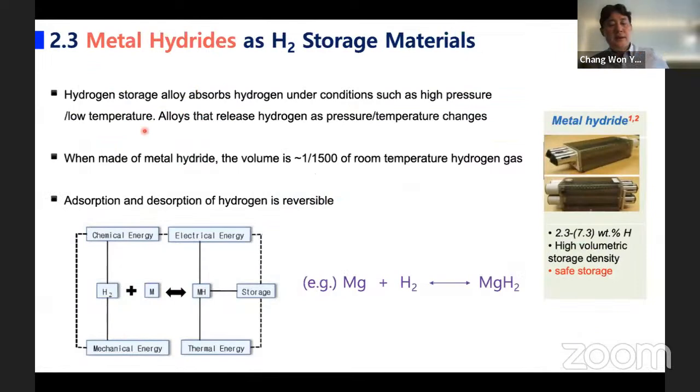Let me switch gear, and the next hydrogen storage material is the metal hydride.